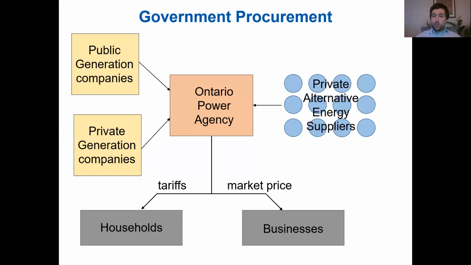And the problem here was that those private alternative energy suppliers were concluding agreements with the Ontario Power Agency to provide their electrical energy to this agency, which will further sell it to domestic consumers.